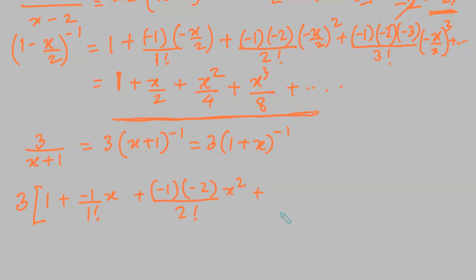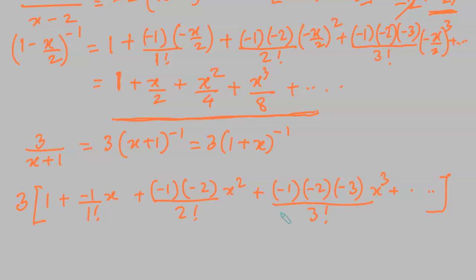Fourth term, negative 1 times negative 2 times negative 3 over factorial 3 times x to the power of 3, and so on.